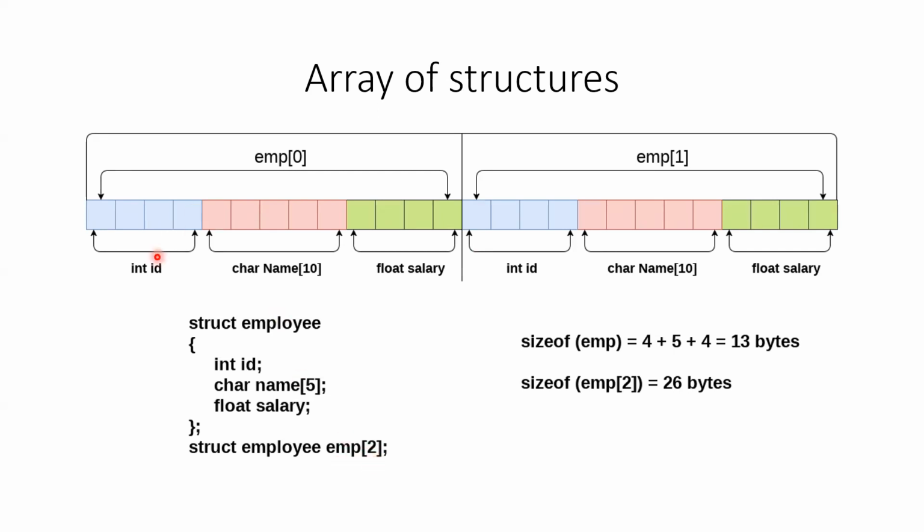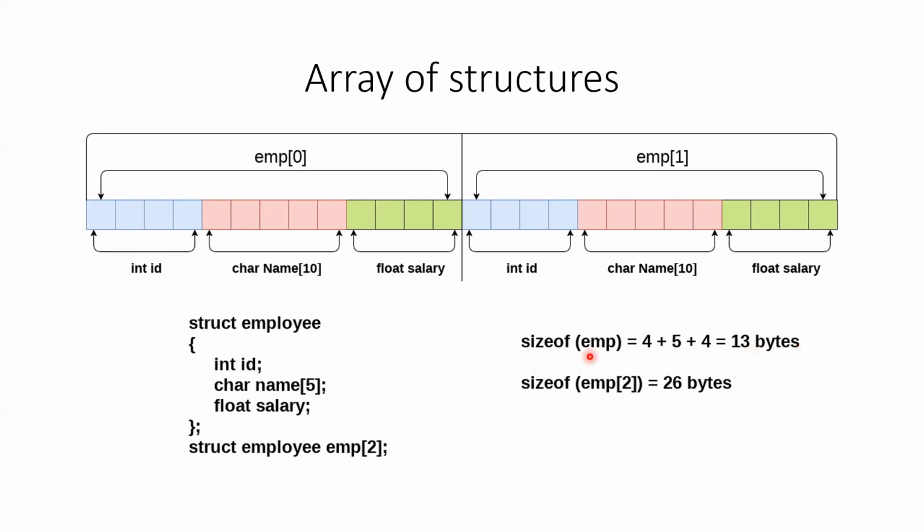How exactly it will be allocated in memory is given by this diagram. You can see for the first employee, emp of 0, where emp is the array of structures, 0 means the zeroth index, meaning the first structure. In the first structure, 4 bytes are allocated for the ID of integer data type.